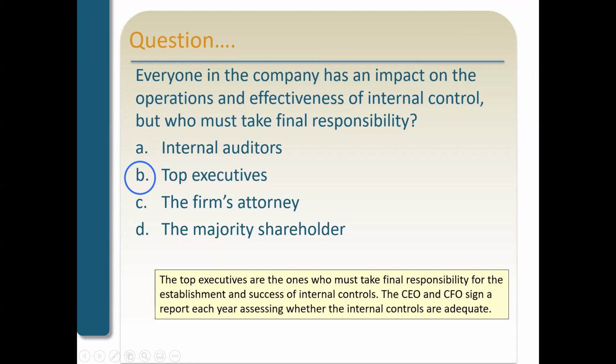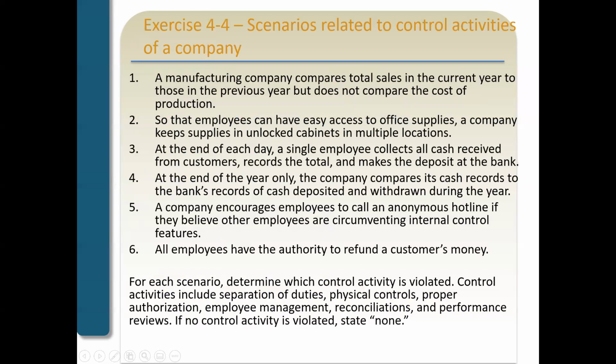Or the majority stock shareholders? Ultimately, it's the executives who run the company. The shareholders own the company, but they hire the management. Ultimately, it's that management who's responsible for the success of internal controls.